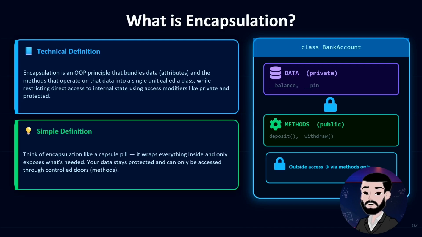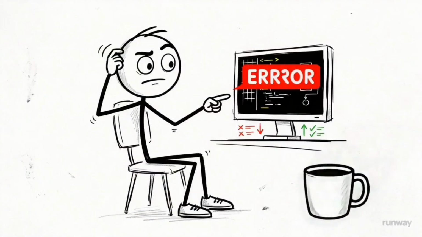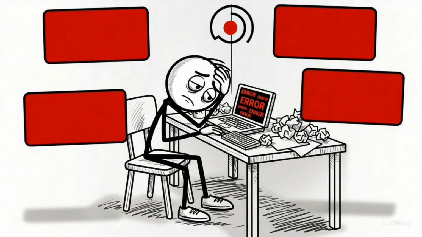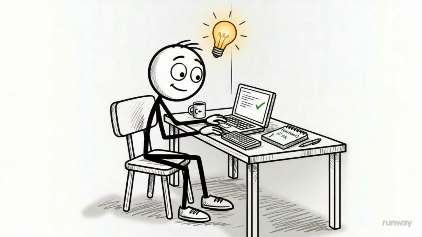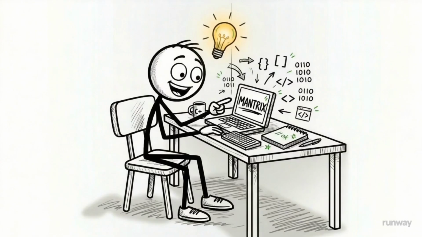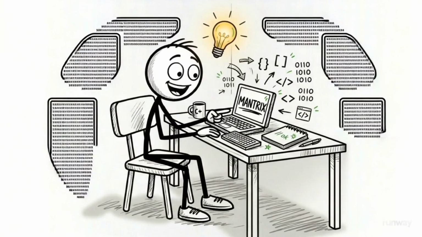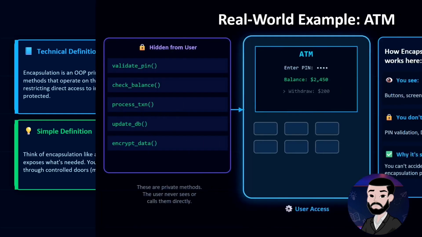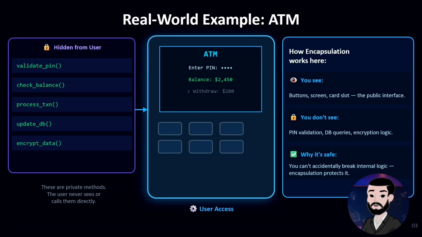Now think about an ATM machine. You can withdraw money, check your balance, and deposit cash using the options provided on the screen.